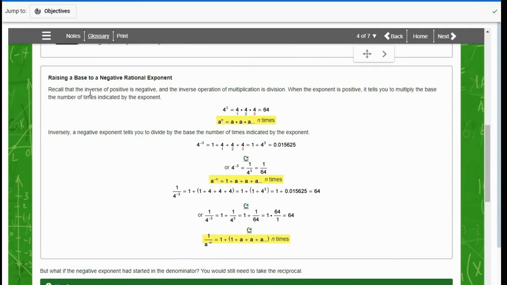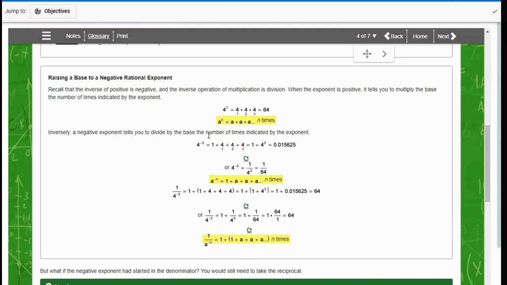So recall that the inverse of a positive is a negative, and the inverse operation of multiplication is division. So 4 to the third means 1, 2, 3 fours multiplied times each other. It's 64. Inversely, a negative exponent tells you to divide the base by that number.